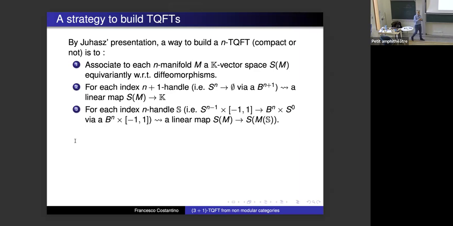Then you want to glue n-handles, which corresponds to, well, we'll have pictures later, but this is the operation. You replace S^{n-1} thickened by B^n times S^0. Graphically, this means that you start with a picture which looks like this one.